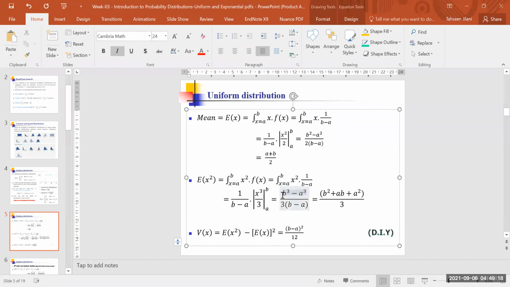If I am not wrong, it is (b minus a) and the second bracket is b squared plus ab plus a squared, and b minus a will be cancelled with this b minus a, so the leftover is (b squared plus ab plus a squared) over 3. You know this formula from your school, so you can use it.